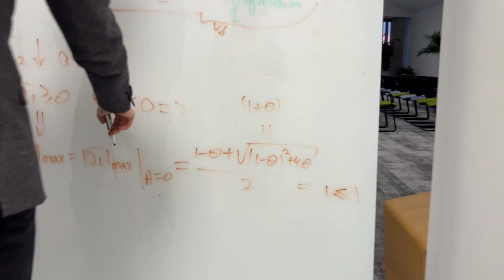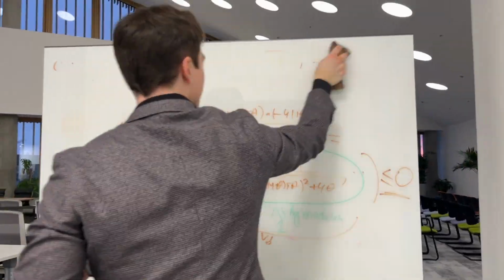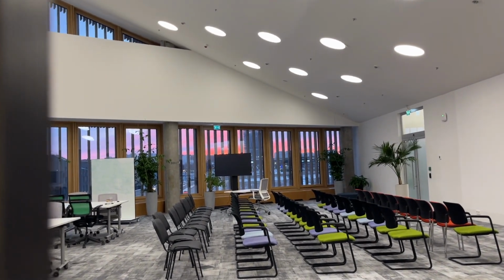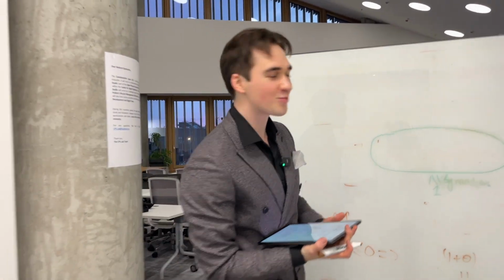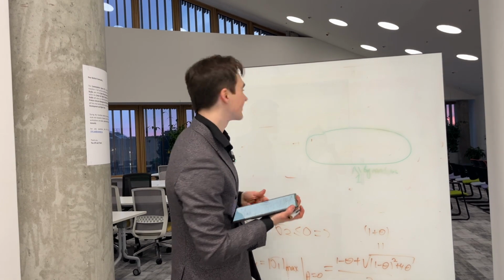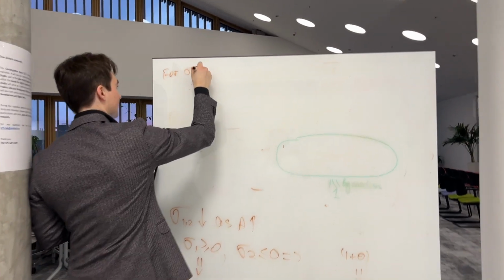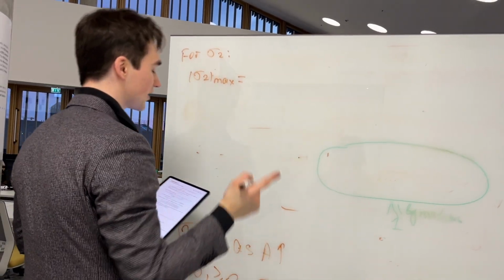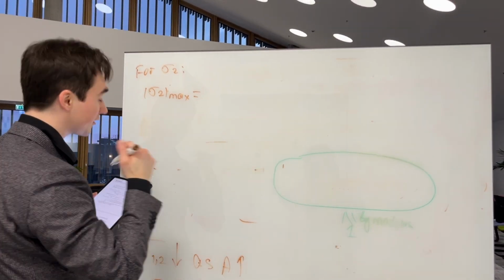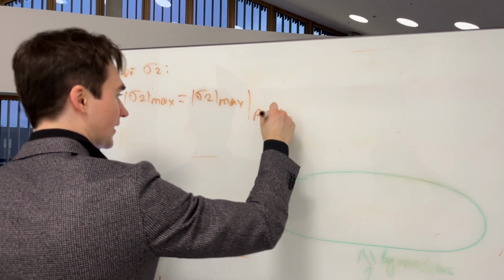So let's consider sigma 2 now, and I also need to clean a little bit my board. We have a small problem here, but I will clean it later. So for sigma 2, what we have is that sigma 2 max is actually at the highest value of A. Sigma 2 max when A is equal to 1.